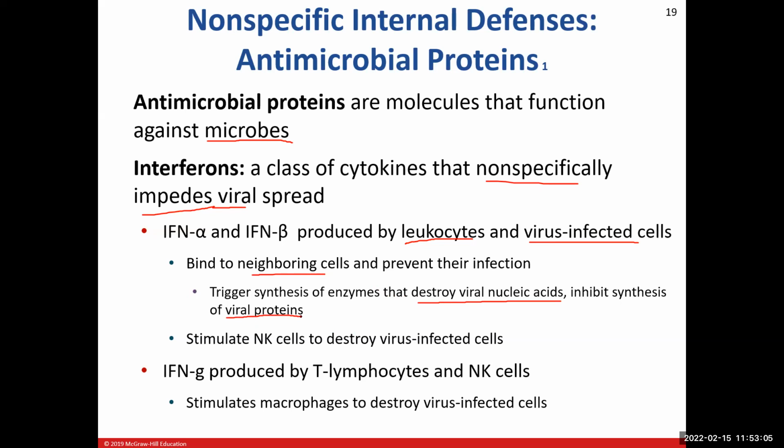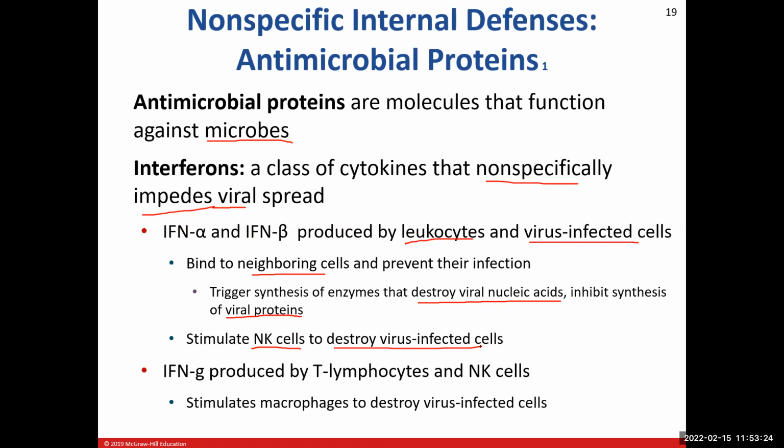So these interferons stop that reproduction of the viruses. And then also what we'll see is natural killer cells will be called on hand to go in and, you guessed it, kill the virus infected cells.